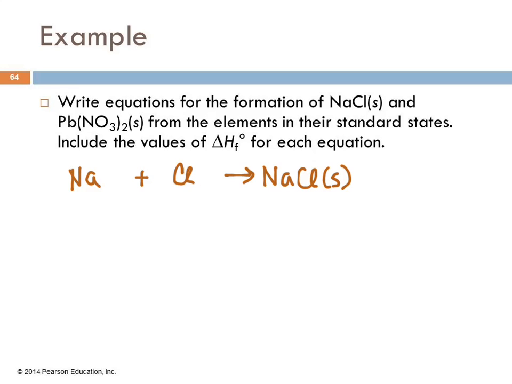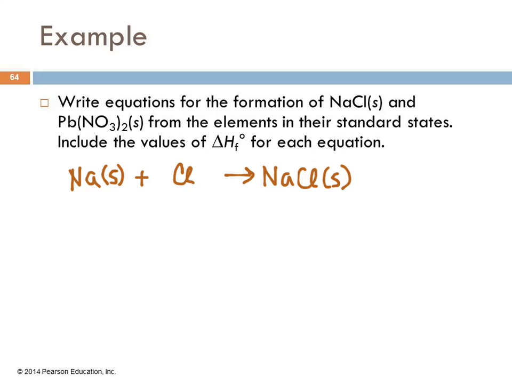There it is. So for sodium, we look up sodium in the table. There are 2 elemental forms: sodium as a solid and sodium as a gas. The one with a heat of formation of 0 is sodium as a solid. So we need to specify this is sodium, solid. And for chlorine, we look up chlorine in the table.